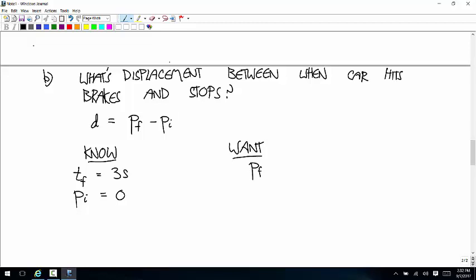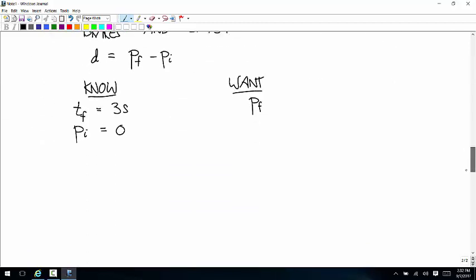Do we know initial velocity? Now we do. Initial velocity is positive 24 meters per second. Do we know final velocity? Yep, comes to rest, so that's 0. And then do we know the acceleration? Yep, that's negative 8 meters per second squared.